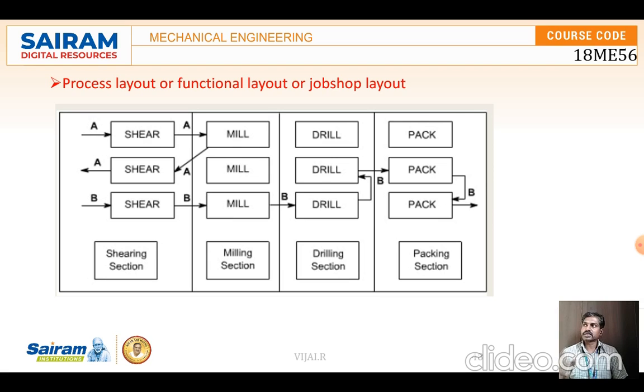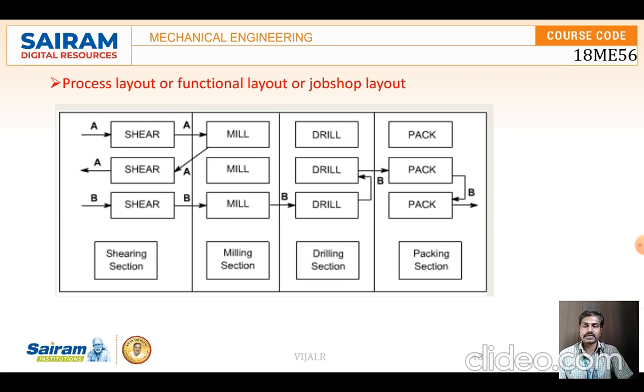In a particular section, a number of machines may be there, maybe 10 or 20, and any component can go to that section, but a sequence of machines will be followed.